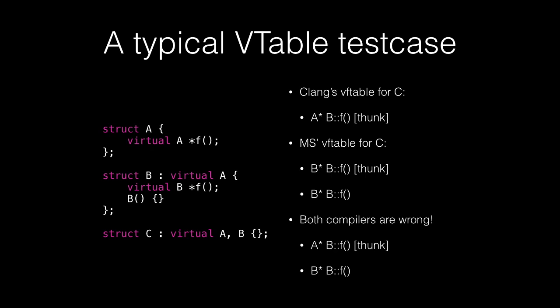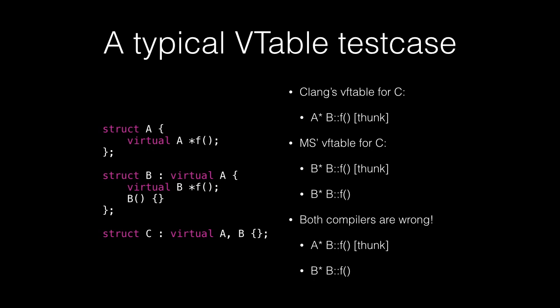So here's a typical test case in which something went wrong, where Clang decided to generate code for this hierarchy, which, again, God bless you if you use this many virtual bases, but in my life, I've never had to write a single program with them.